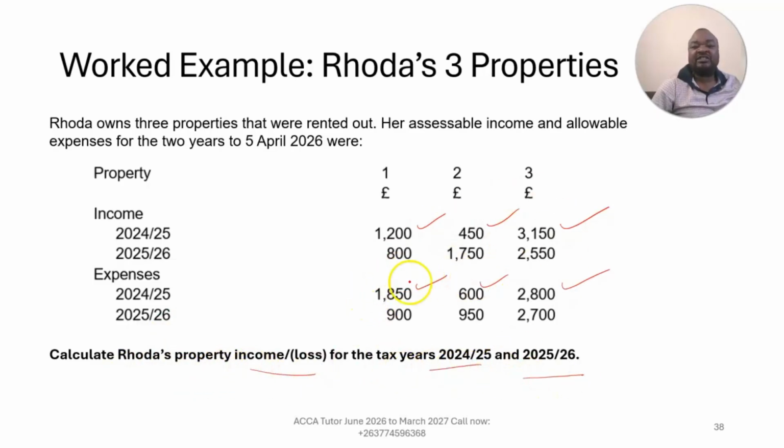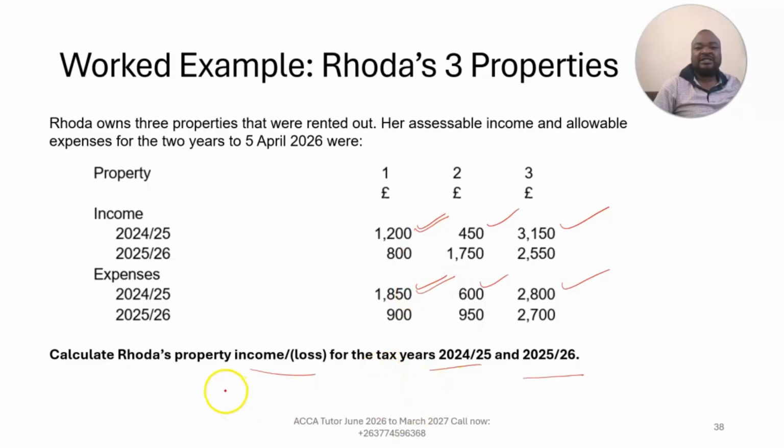So let us first compute the profit or loss for the 2024-25 tax year. For property 1, that's 1,200 minus the expenses of 1,850.